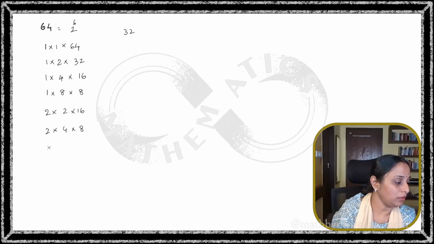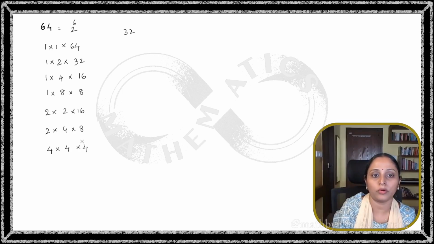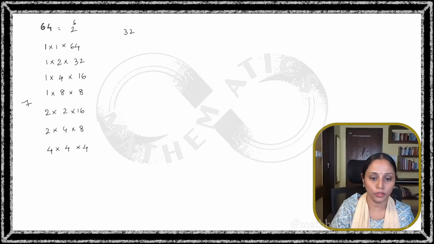So if I have a 4 here, right, it's going to be 4 into 4 into 4. So you can see that I have 7 different ways of writing 64, of arranging 64 cubes to form a cuboid.